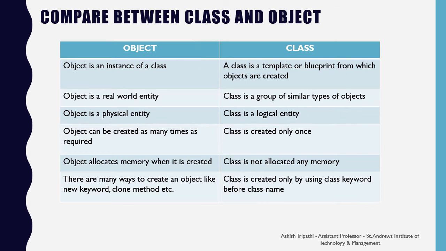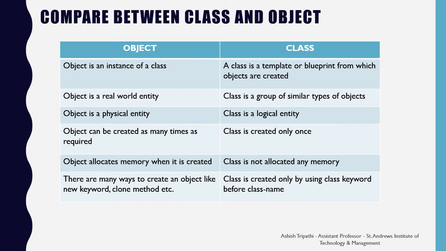Next, we compare the object with the class. An object is an instance of a class and a class is a template of it. Object represents a real world entity and class is a collection of similar type of objects.